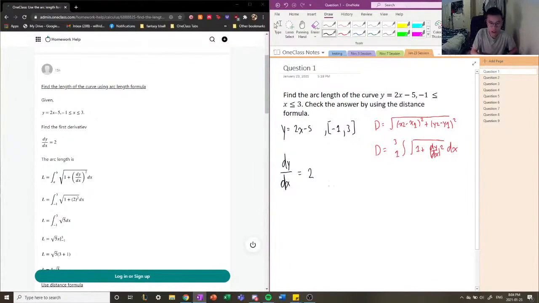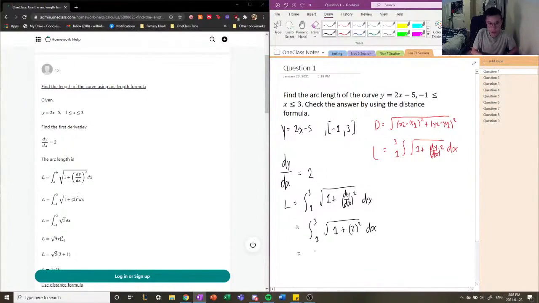Now, using the arc length formula, we'll label it L. The length is equal to the definite integral of the square root of 1 plus the derivative of our function squared. In this case, our derivative is 2, so 1 plus 2 squared dx.